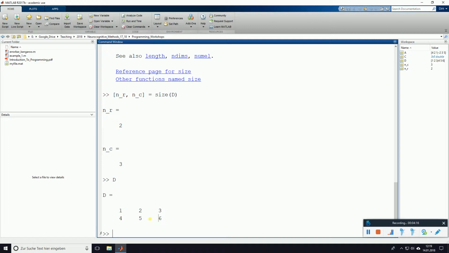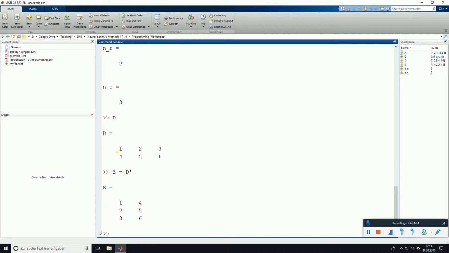One can easily exchange rows and columns for matrices by a process known as transposition, which you're familiar with from matrix calculus, and which in MATLAB is implemented by this apostrophe, I don't know what it's called.